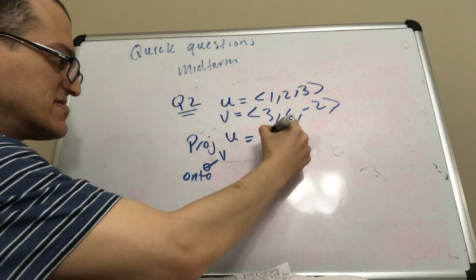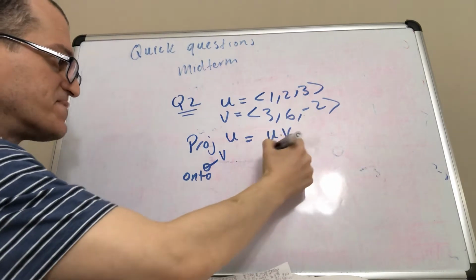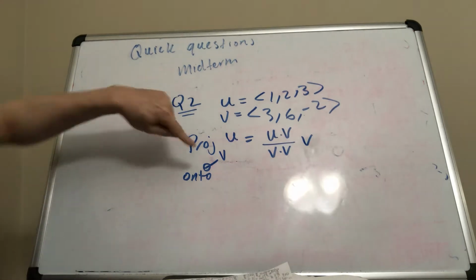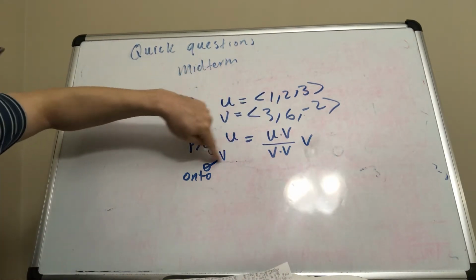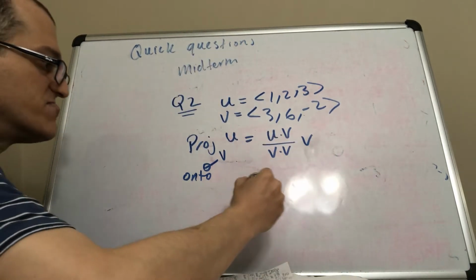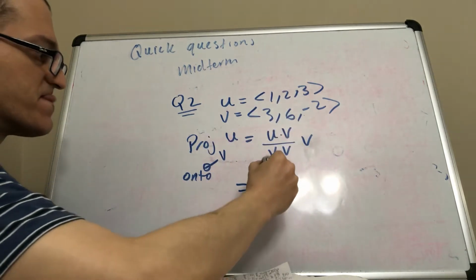It's like basically this: u dot v over v dot v, times v. Everything is v, except u. So the onto that goes down would be everywhere, and this would be u. So basically, u dot v, you do the dot product here.